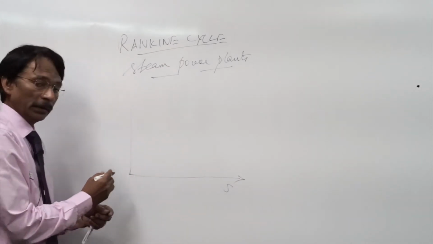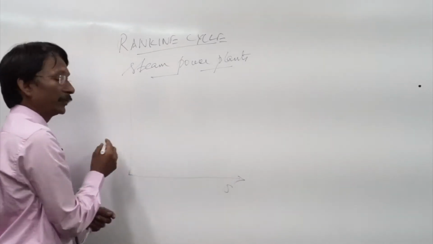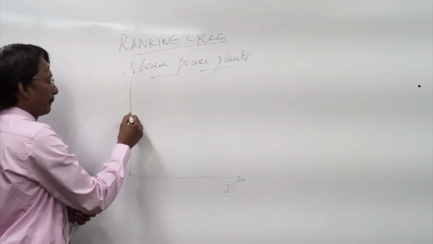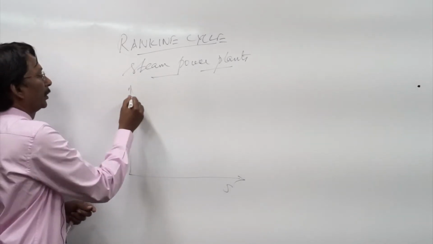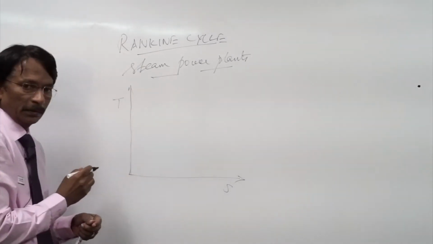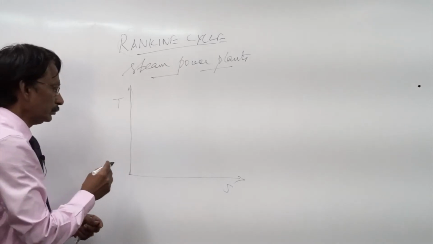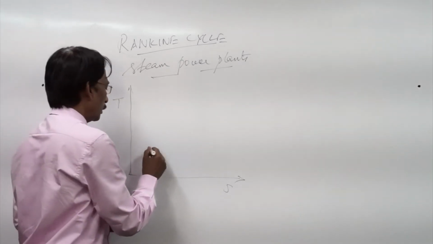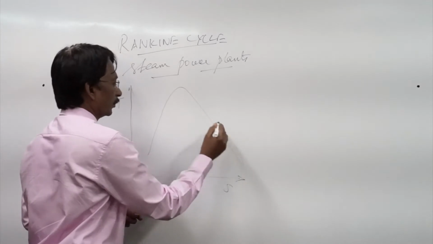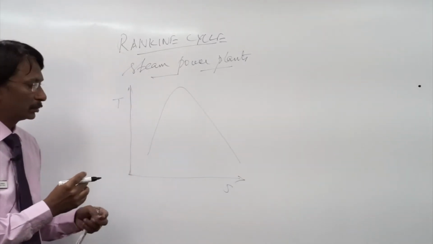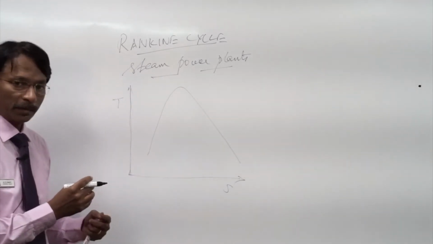Entropy on the abscissa, temperature on the ordinate, the TS plot. That is the vapor dome. You would have read about it in the thermodynamics.